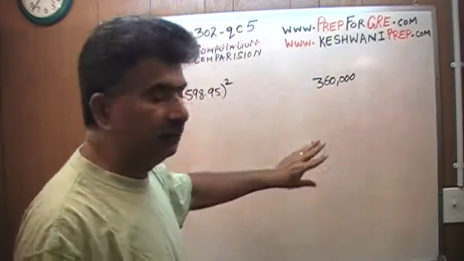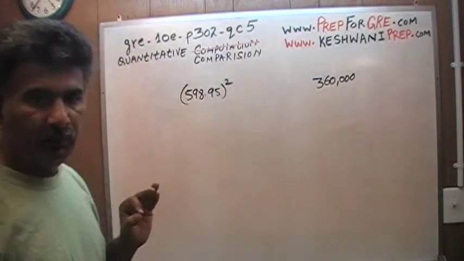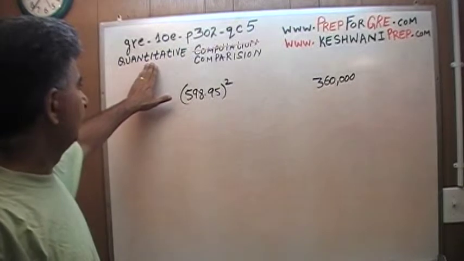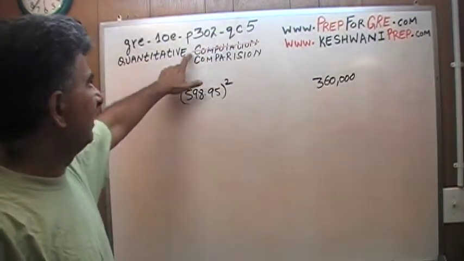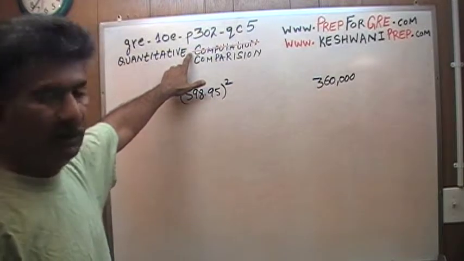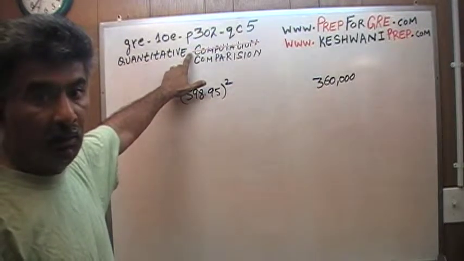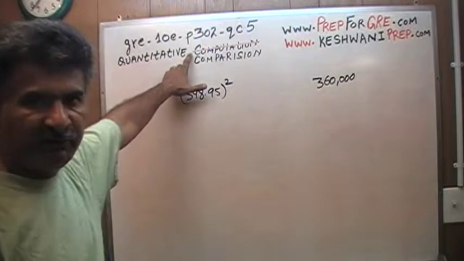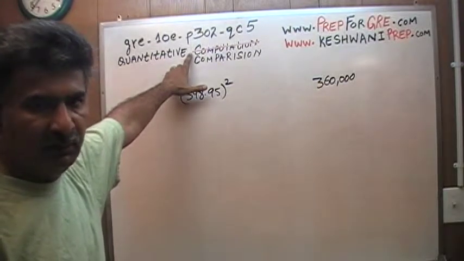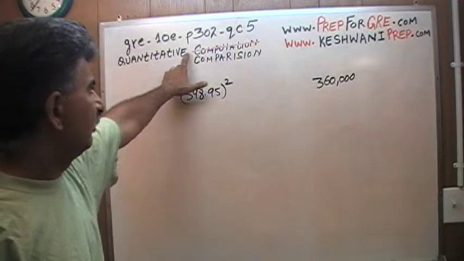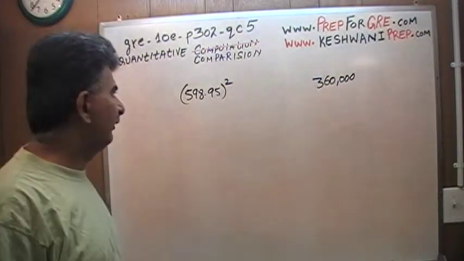Again, the most important thing to keep in mind here is that these questions are called quantitative comparison, which is precisely why I write down the word computation, and I cross it out to emphasize the fact that we are not supposed to be computing the bloody thing. We're supposed to compare the two things. Just compare them, very straightforward.